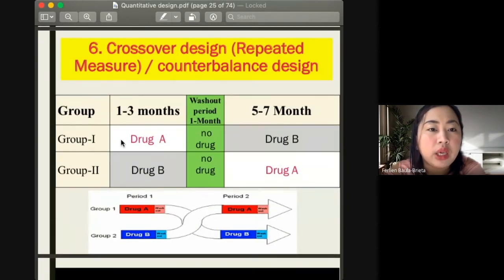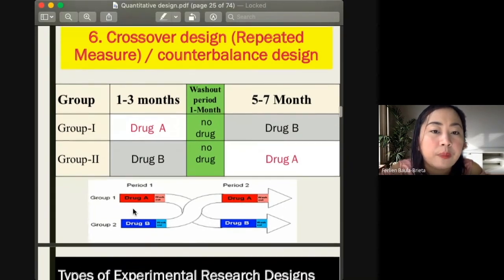So an example here for our group 1 and group 2 population, in the first 3 months, group 1 will receive drug A, and group 2 will receive drug B. There would be a washout period where the respondents or the samples will not receive a drug, and after that, they will proceed in month 5 to month 7, and they will have an interchange of drugs. Group 1 will now receive drug B, and group 2 will receive drug A. So this is the picture to summarize crossover design.